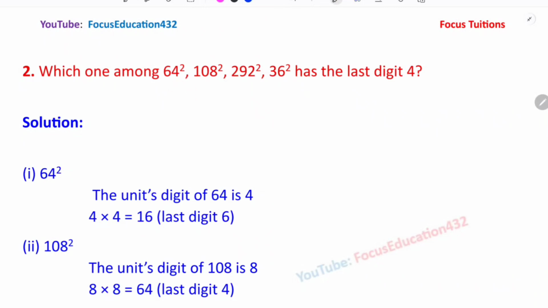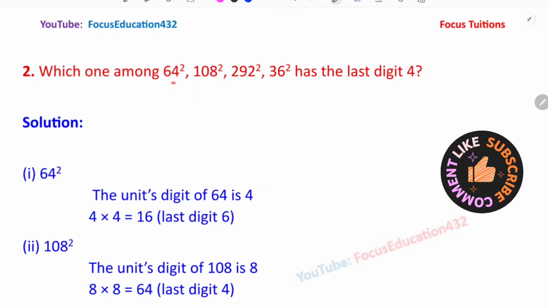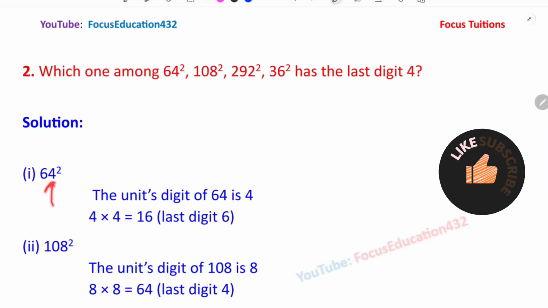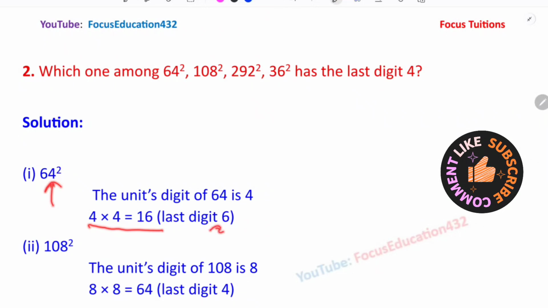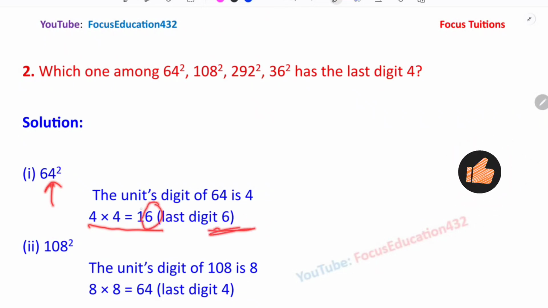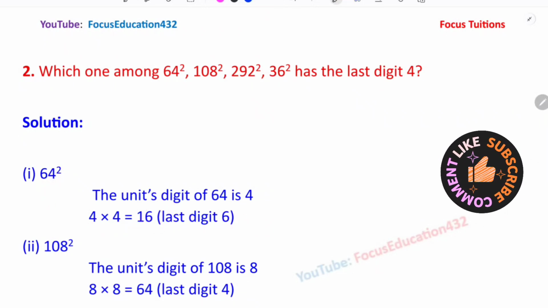For 64 square, the units digit is 4, and 4 fours are 16, so the last digit is 6.